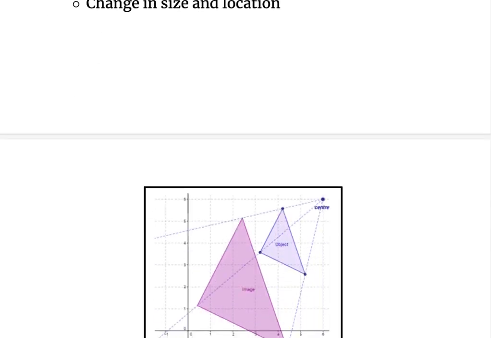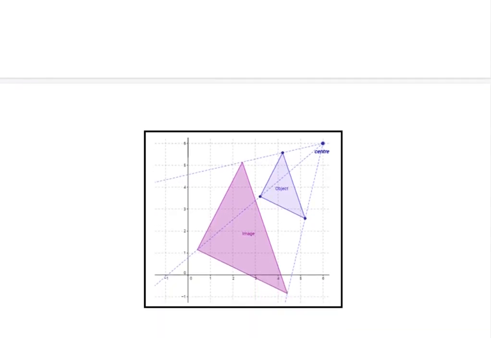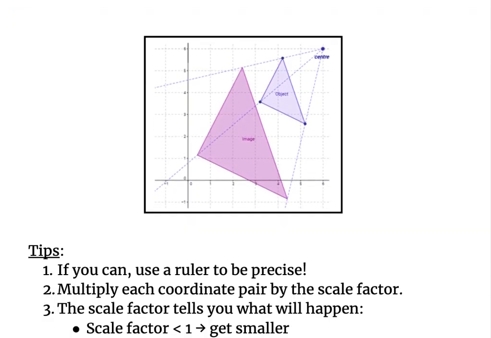All right, so this is an example of an object being dilated to a larger image. Notice how the location is going to change. It's going to get further away from your dilation point, and it's going to take up a lot more space, or less space.